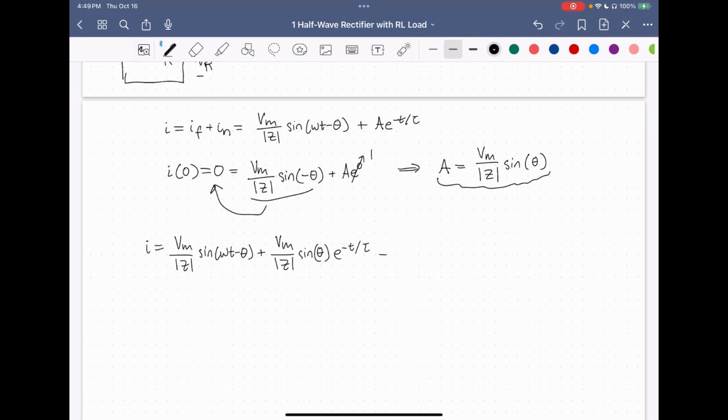Now we can factor out Vm over Z. That gives us, inside the parentheses, sine(omega t minus theta) plus sine theta e^(-t/tau).